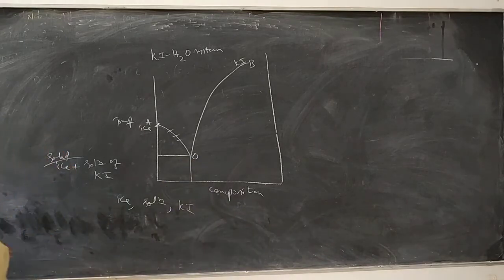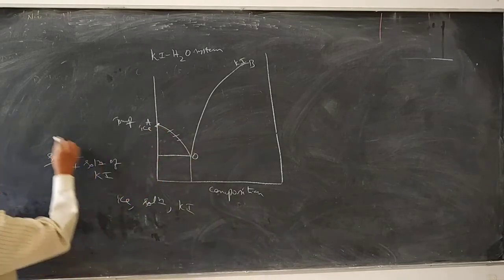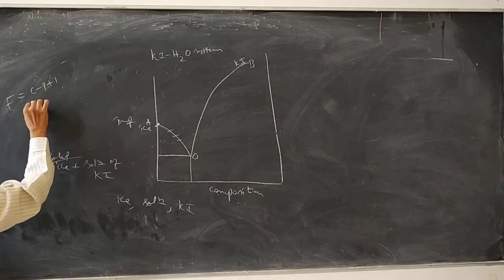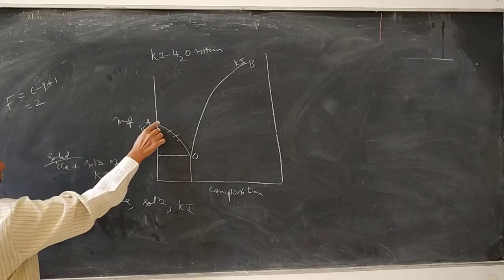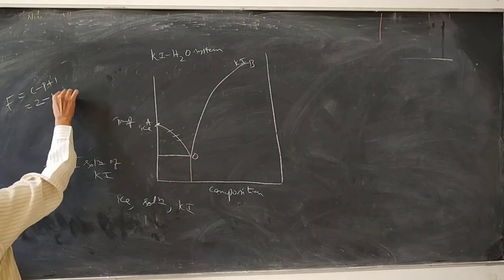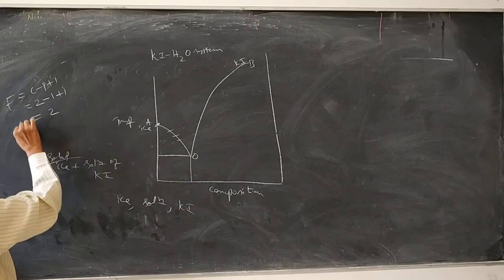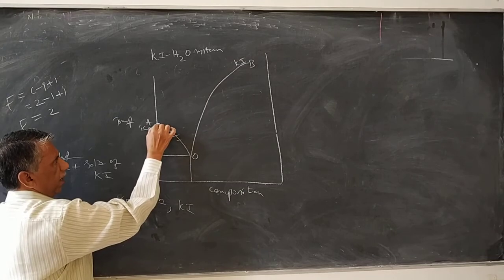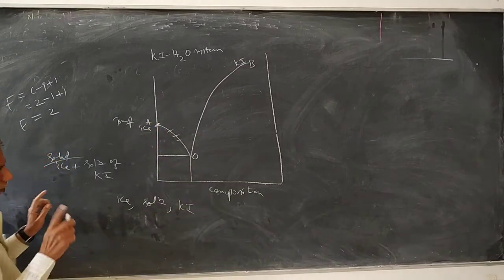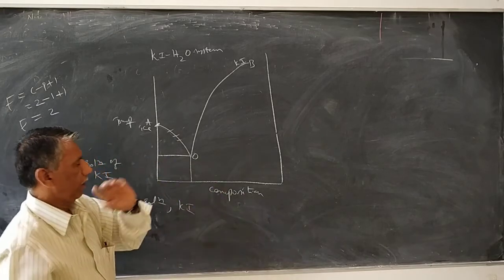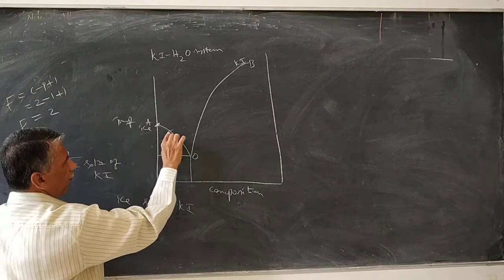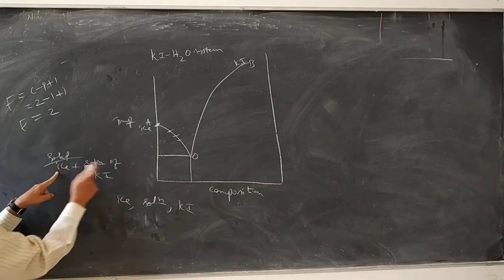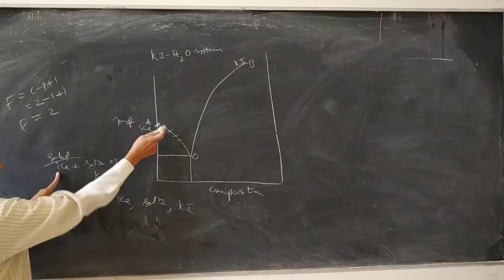And you can apply the phase rule equation. For this one, you have to use the condensed phase rule, F = C - P + 1. It is a two component system. Here the number of phases is 1, so F equals 2. That means to describe this point A, you require two variables: both temperature as well as composition. Coming to any point on this curve, there are two phases, ice plus solution of potassium iodide.